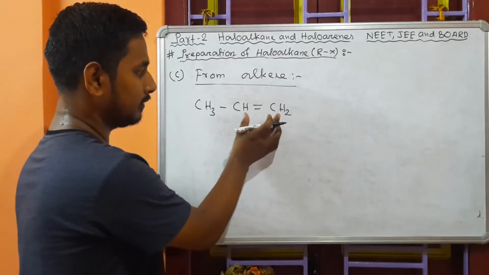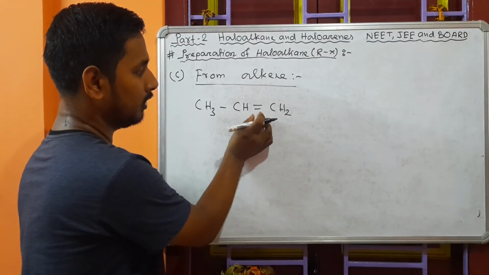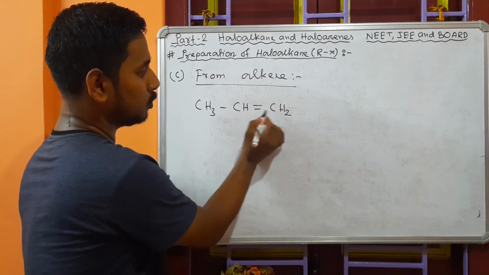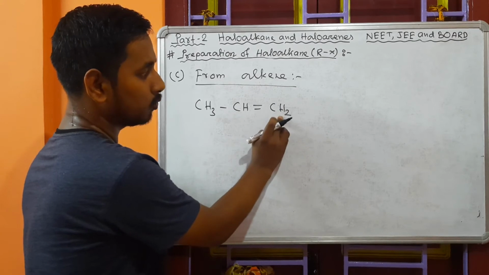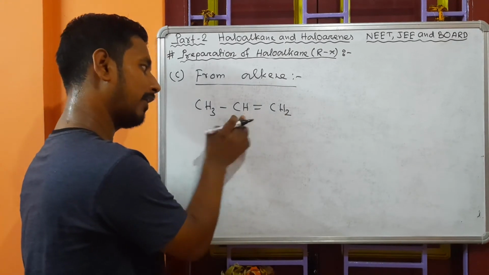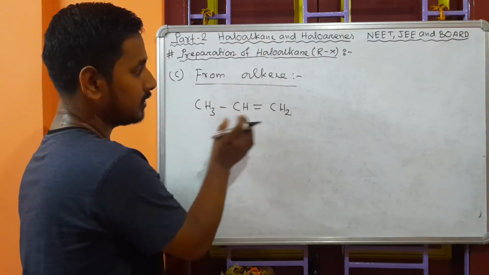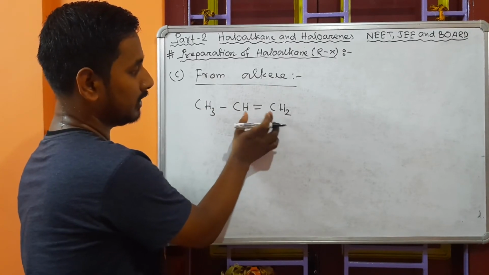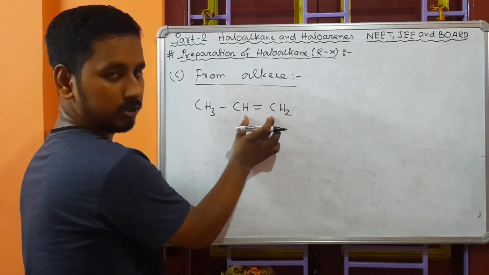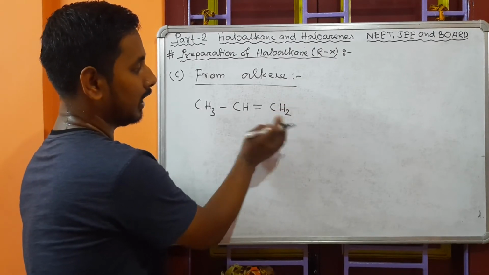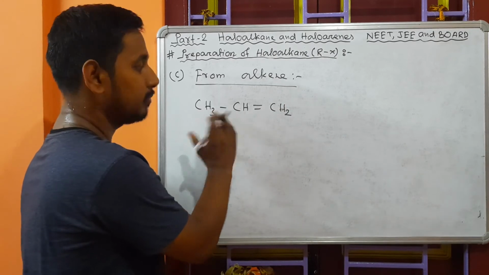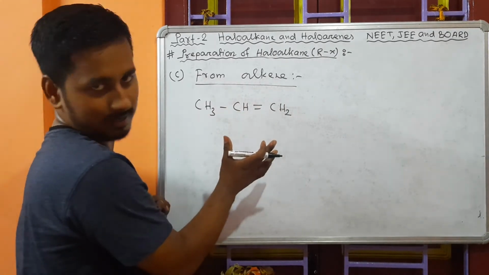We all know that. Among these two carbon atoms of the double bond, this carbon has two hydrogens, but here you have one hydrogen and one CH3. That means they are not the same, so that is unsymmetrical.